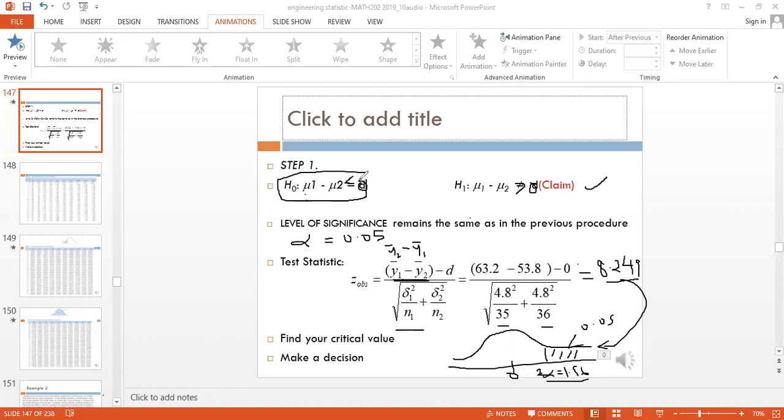So there is a significant difference between the mean produced by the normal procedure and those on drug A. The difference between those in the normal technique and those in drug A was very huge. It was very significant at a 5% alpha value. That is what we are saying from this example.